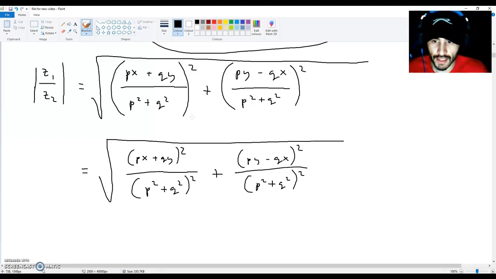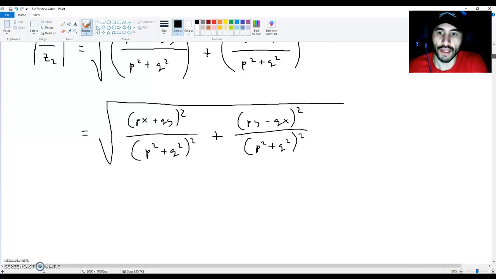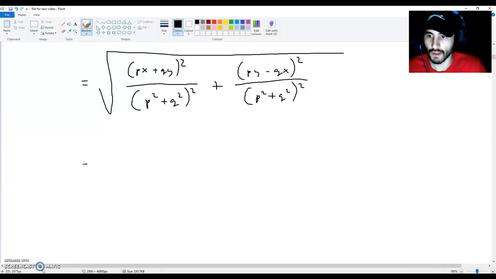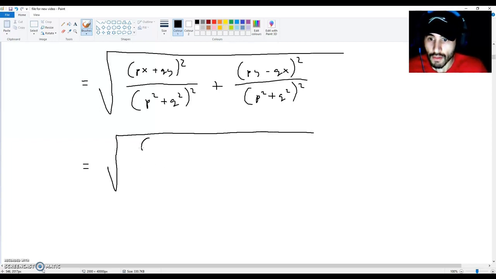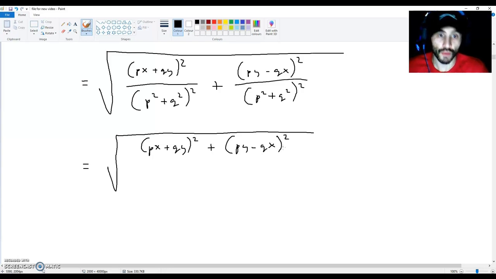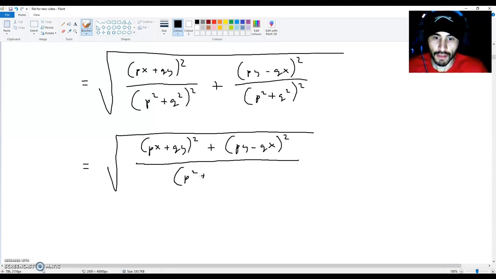Now, because we've got this, we end up with root of brackets px plus qy squared plus brackets py minus qx squared over p squared plus q squared. What's going on here?